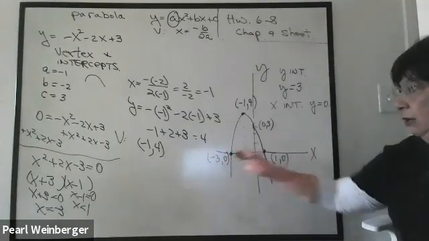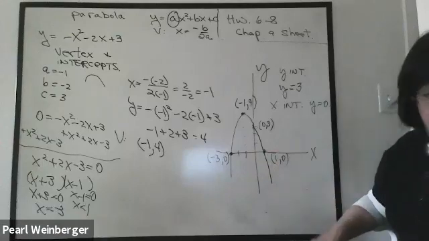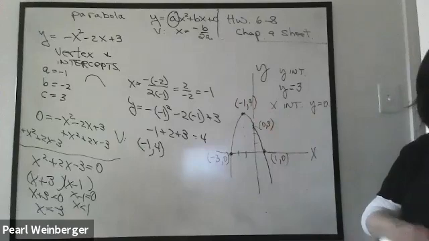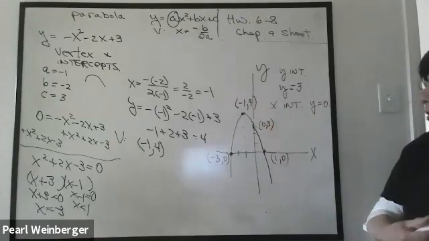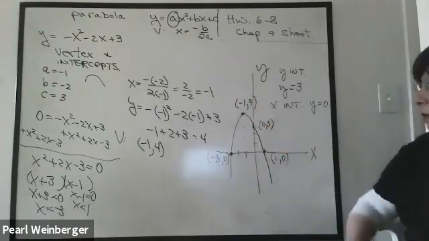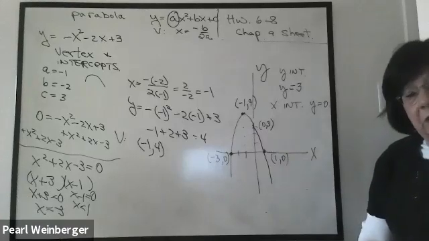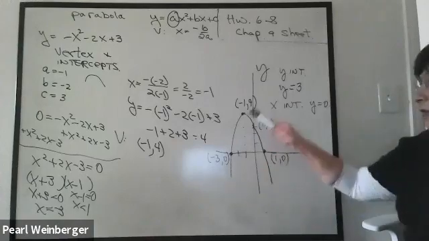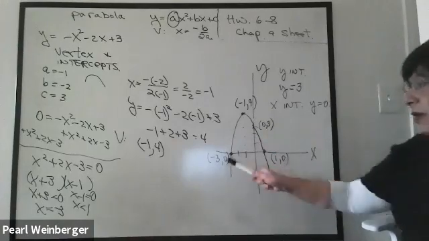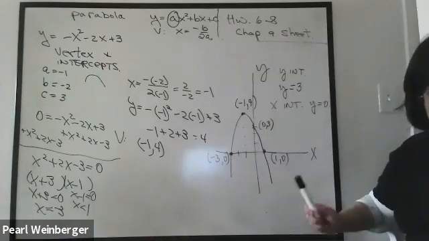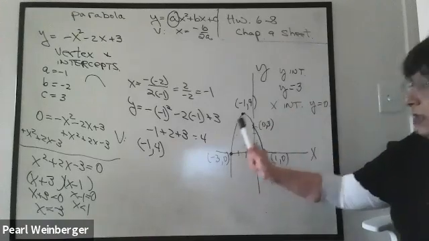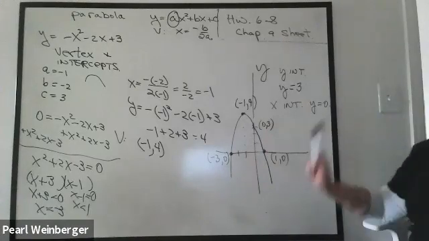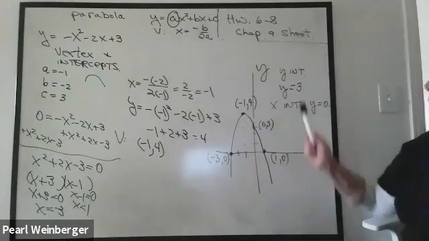Actually, I have been pretty close to that, even though, as you notice, by just drawing the vertex in the proper place gives you pretty much the right numbers. Again, the most important thing is the vertex and whether your thing opens up or down. That's what you have to know about a parabola.